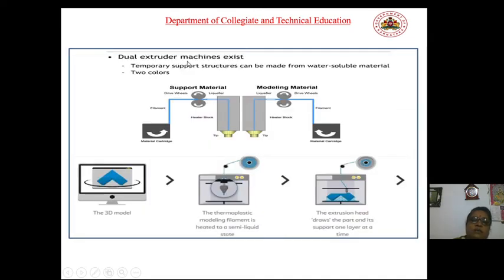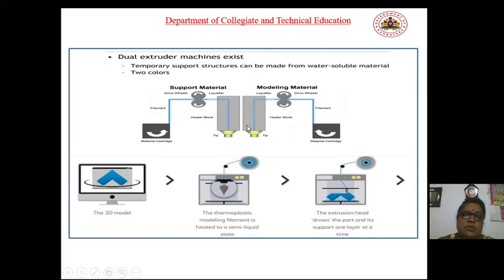These are certain dual extruder machines. In the dual extruder, we have to build a support structure. You can observe from the figure there is a support structure here.